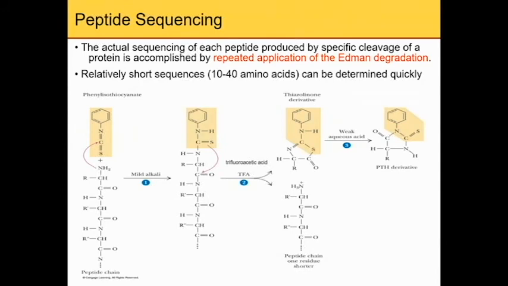And this is the sequence in the peptide by the Edman method.